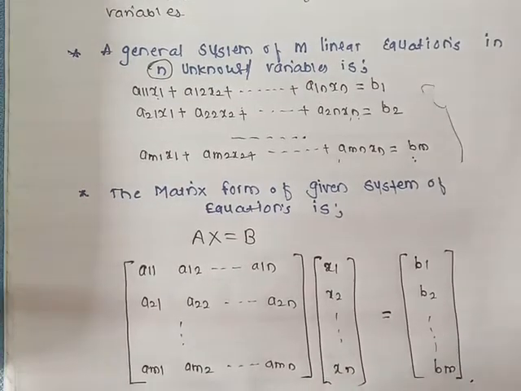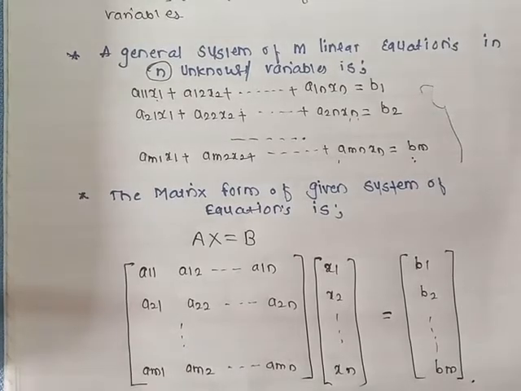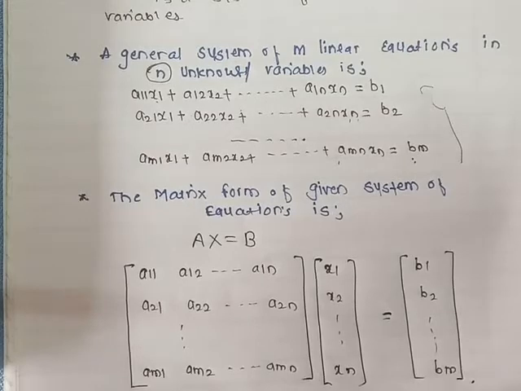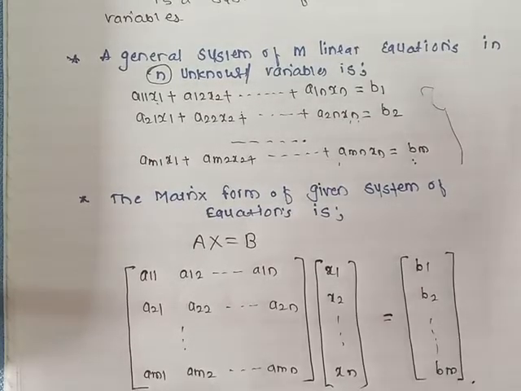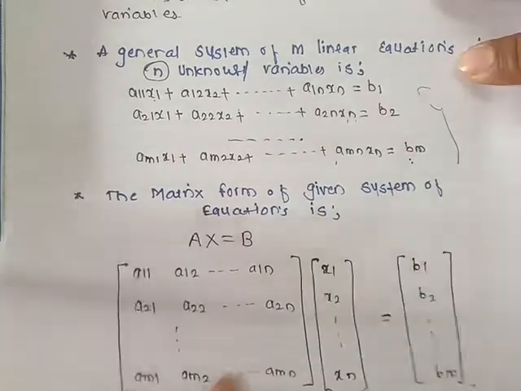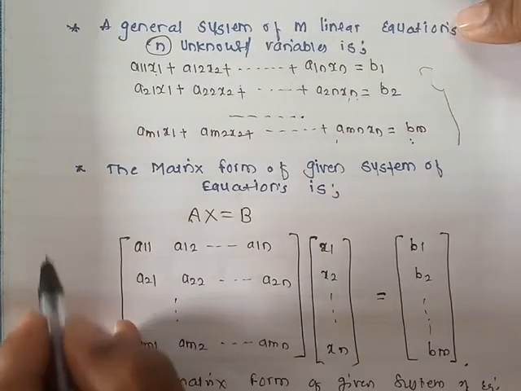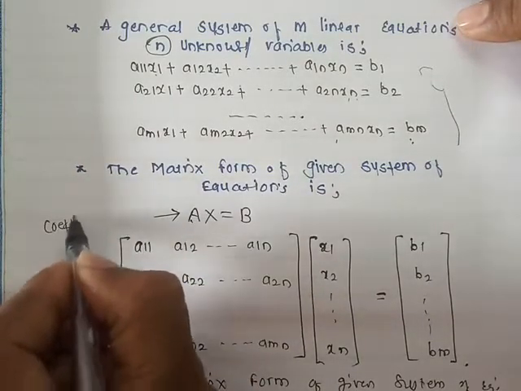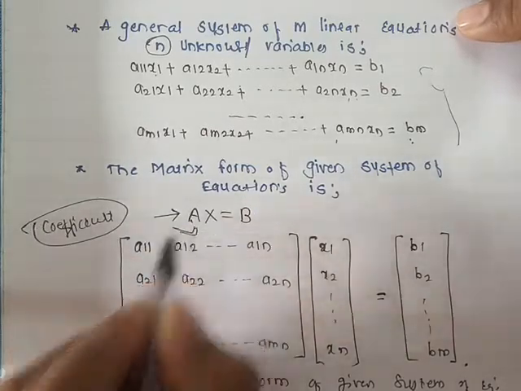So this is the matrix form of the given system of equations, where this A is called the coefficient matrix.